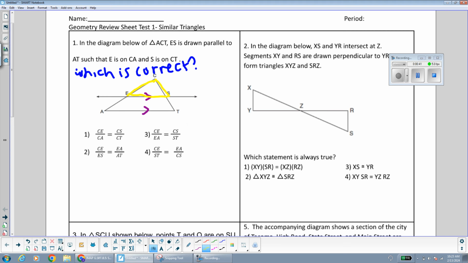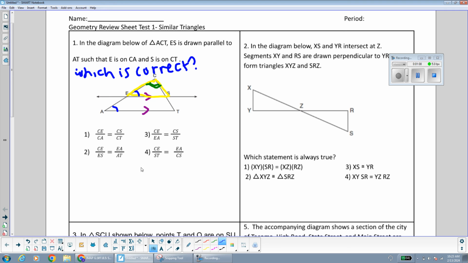They do have a shared angle, and that shared angle is angle C, which is in the small triangle and also in the big triangle at the same time. And since we do have parallel lines cut by a transversal, we do have these congruent corresponding angles. They're in the same spot where the parallel line hits the transversal, top right. So we do have the triangles are similar by AA.